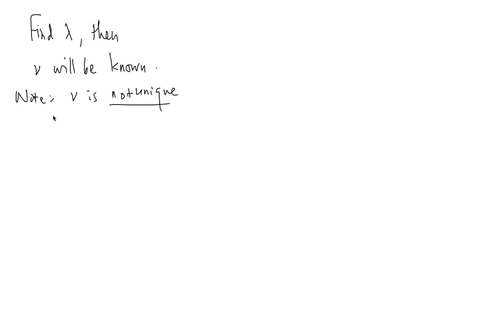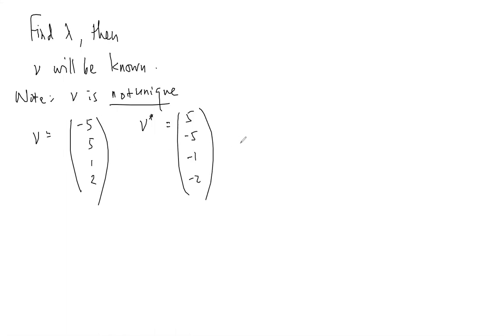Meaning that there are many possible solutions for your eigenvector, but usually the solutions involve differences in sign. For example, one solution you might get something like this as a solution. Another solution might be like this. You flip the sign. So the actual values are the same, but the sign may change.